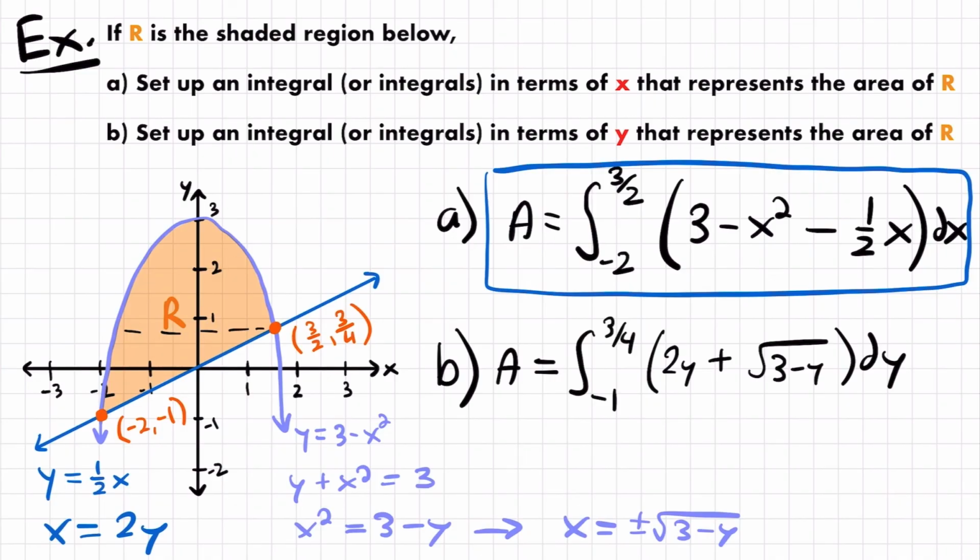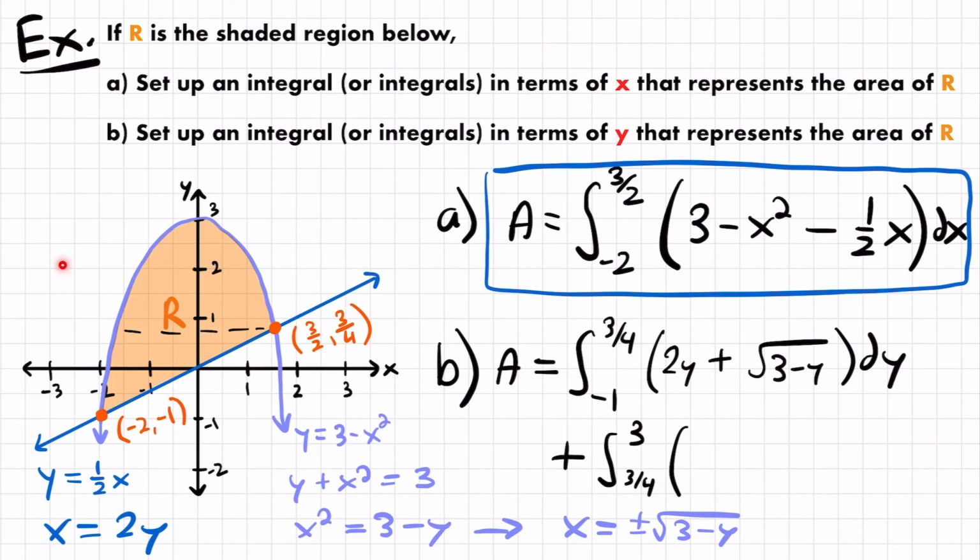And so we need to add a second definite integral to represent the area of the top part of the region, the other section. That is located from y equals 3/4 to y equals 3, and so our bounds of integration will be 3/4 to 3. And our top function, or rightmost function, is now the positive side of the parabola, right?